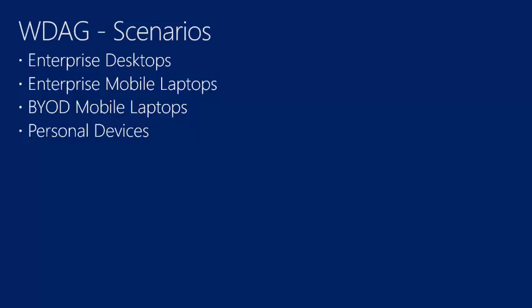network scenario, right? Conversely, enterprise mobile laptops are very similar, except here you might have your connectivity through high-speed wireless. Then we have BYOD mobile laptops. These are laptops that your employees may own. They bring them. They are not domain joined, but they are managed by your organization, again, typically using Config Manager or Intune.